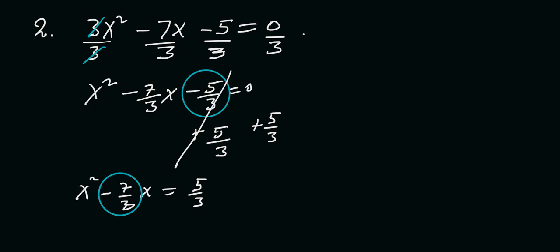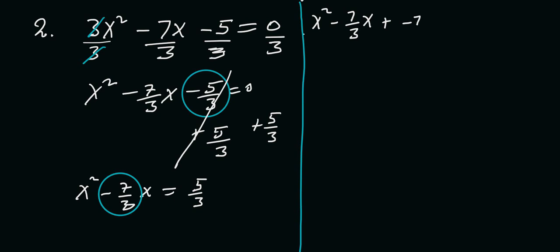So now, let's square it. So the equation becomes x squared negative 7 over 3x plus negative 7 over 3. So, you know, we need over 6, not 3. Over 6. And then we need to square this value.